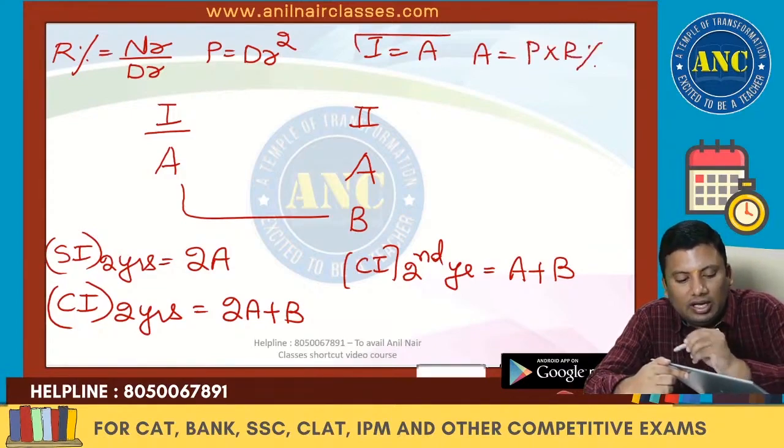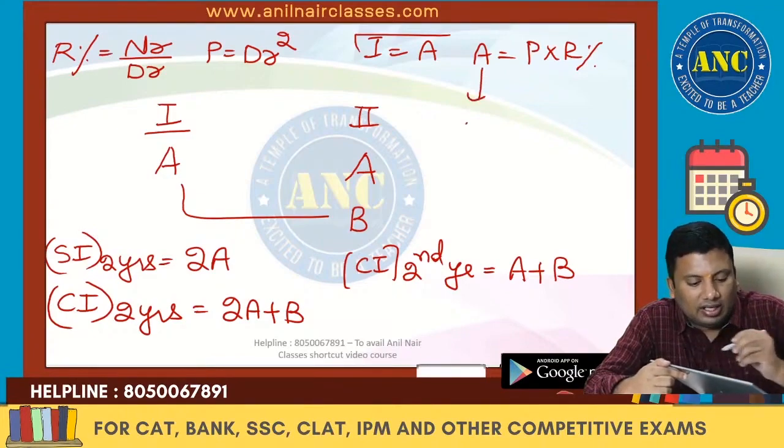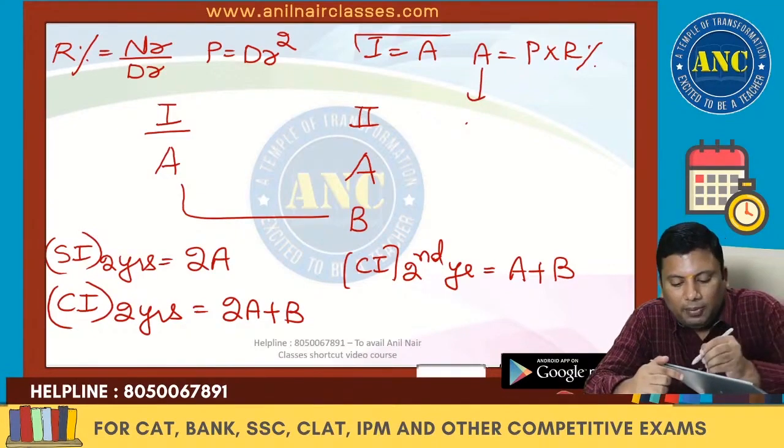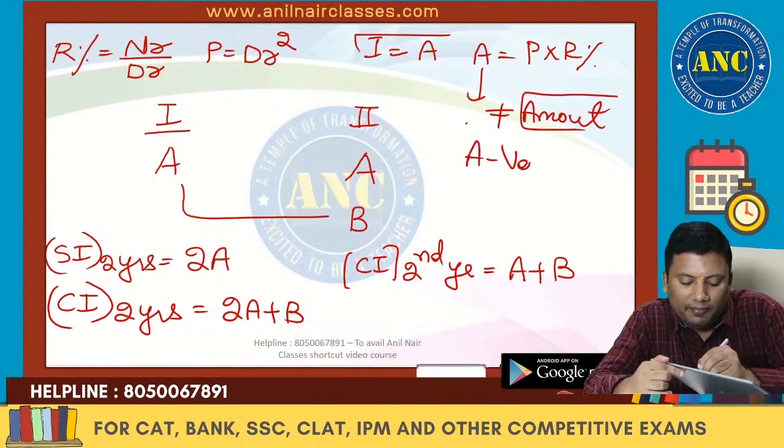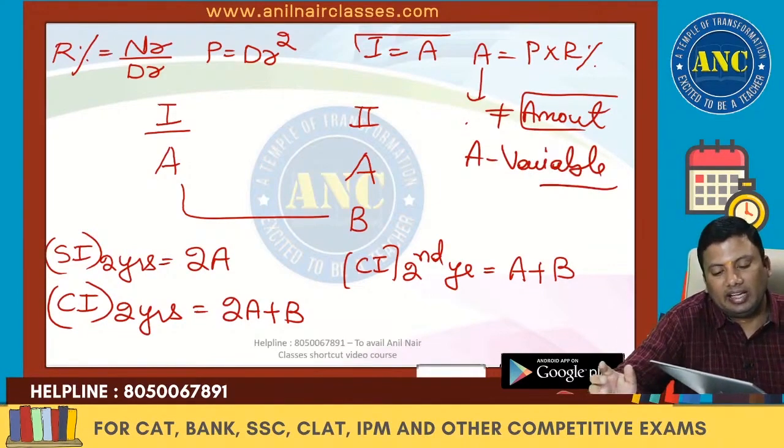Please don't confuse it, this is not the amount, sir. Amount is capital A, but A is a variable here. I hope the idea is clear.